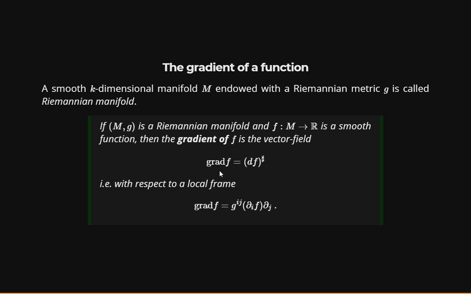So with respect to a local frame, grad f is g^ij partial_i f partial_j. So it's not the vector of the partial derivatives, because if you change coordinates, the partial derivatives change wildly. It's the inverse metric applied to the vector of the partial derivatives with respect to any coordinates. And this gives you a coherent thing which is defined all over M.